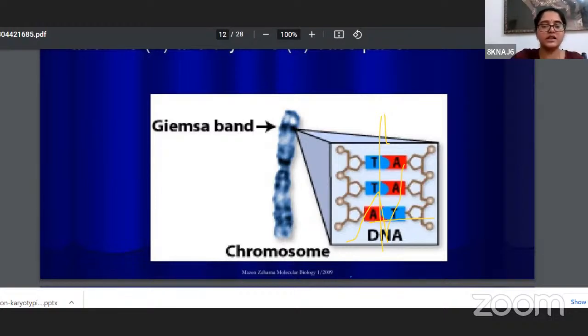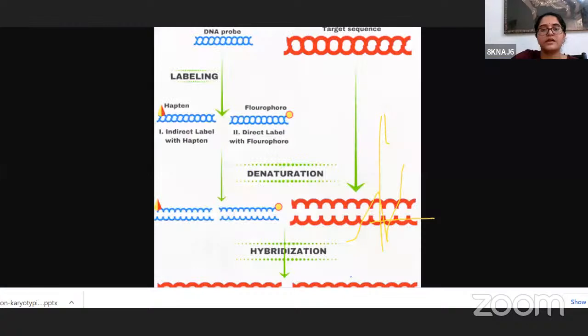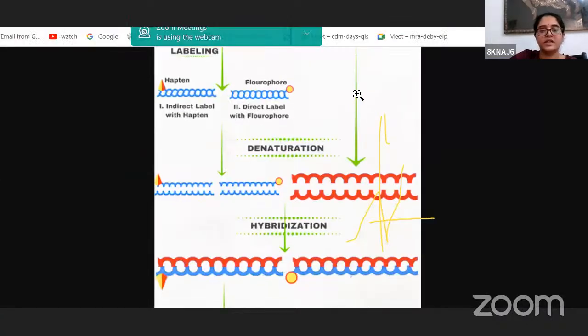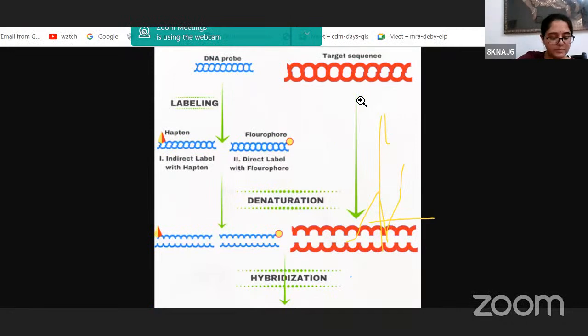In fluorescent in situ hybridization, which is used to identify specific parts of the chromosomes, you can take a DNA probe.